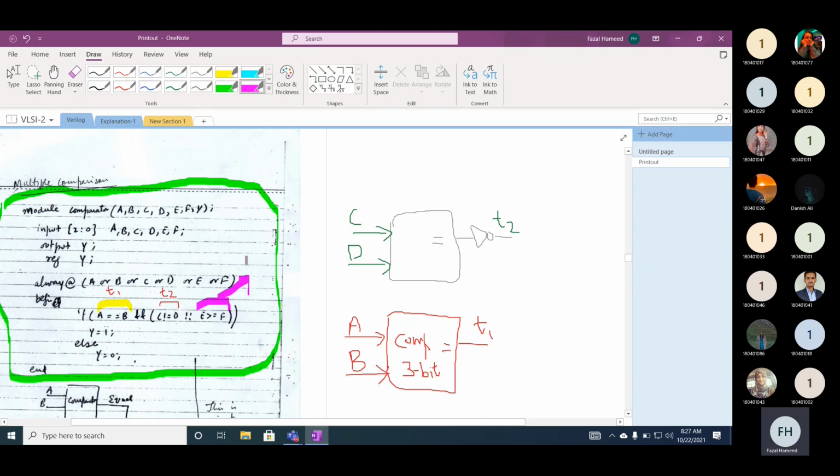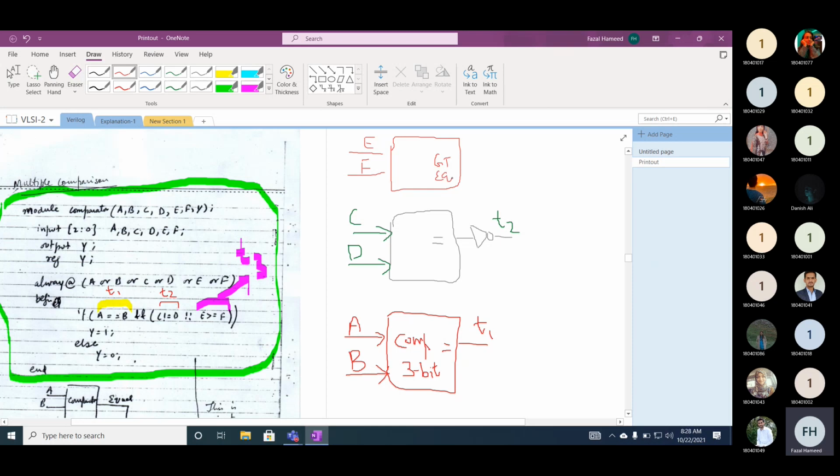Now again we need another comparator. Let's assume we define this signal as T3. So if we define this as T3, then this implies that we are comparing E and F. And it is GT and equal.